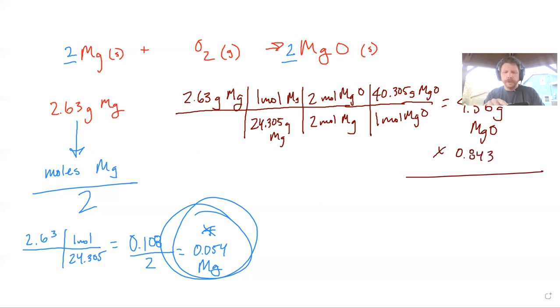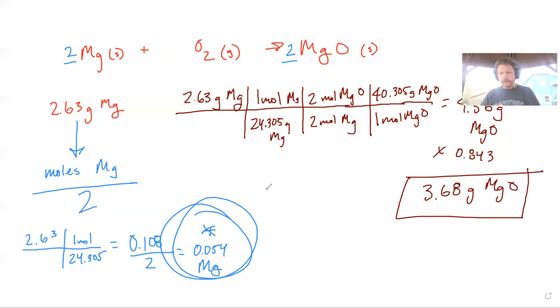So 4.36 times 0.843 equals 3.68 grams of MgO. Done. Okay. Now, this right here is when 84.3% of my substance is recovered. I'll put a little star here.